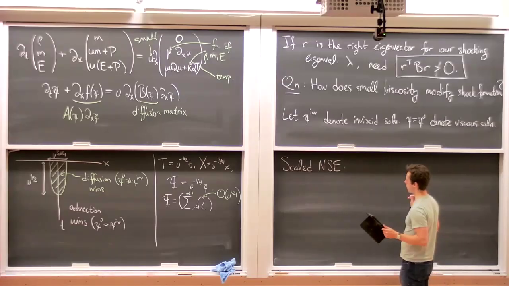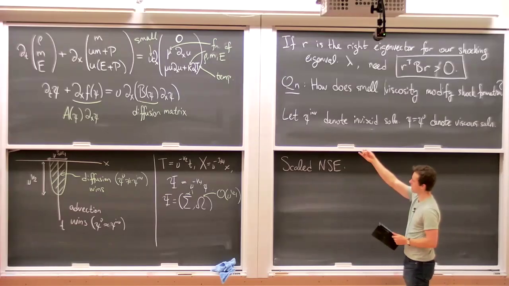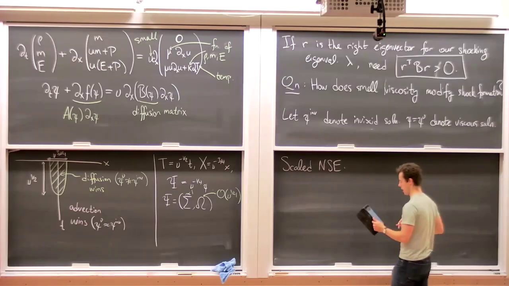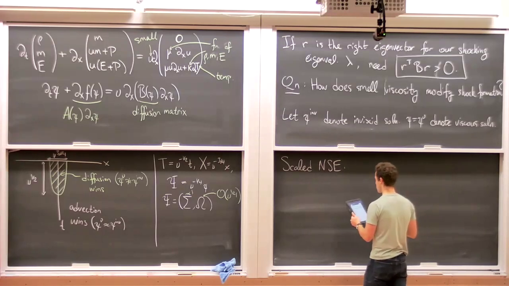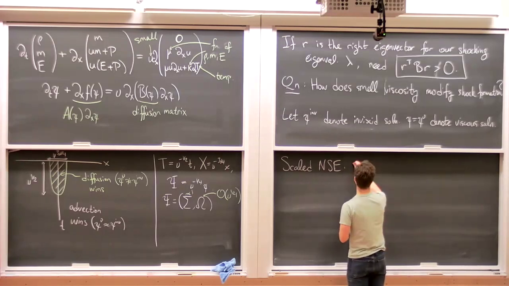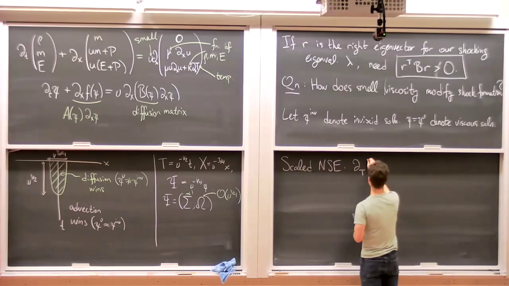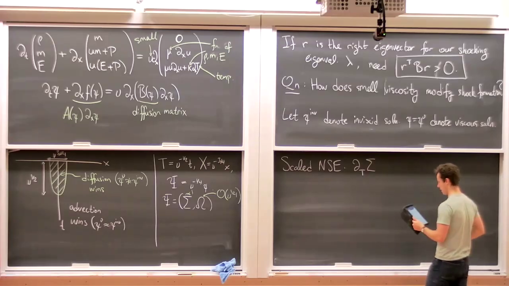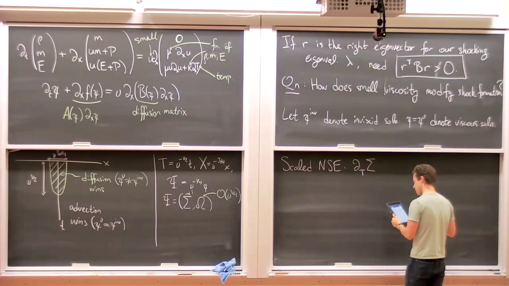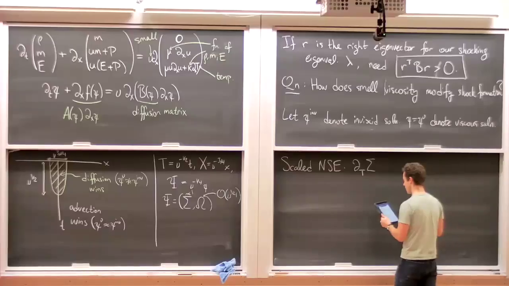So I'm performing this blow up. Again, all I do is make a bunch of changes of variables and track the resulting coefficients in nu. And when the dust settles, this is what you're going to find. So the leading order equation is just going to be given by sigma, because like we were just saying, the non-shocking components are going to kind of drop into obscurity in this limit.